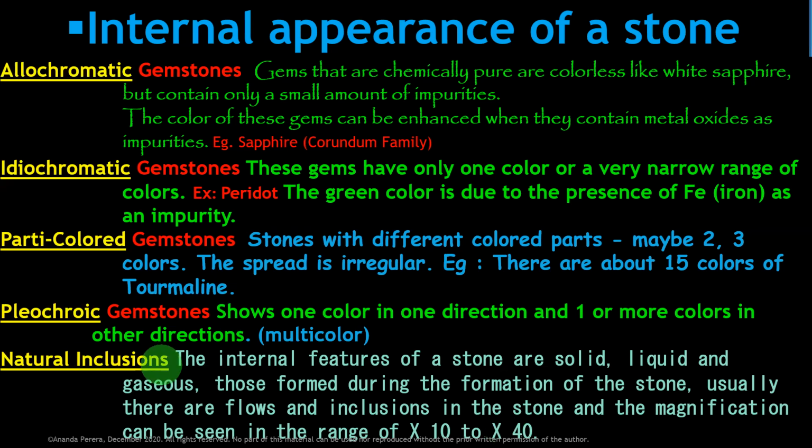I know 50% of the merchants are rejecting this; they think they don't need it. But this is a very important part. So they depend on the gem lab. So learn inclusions. Inclusions are the identity, the ID for the stone.